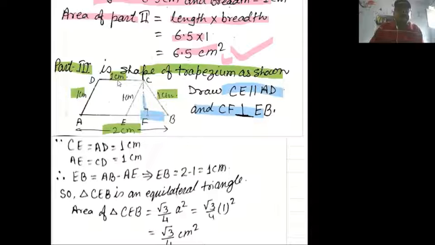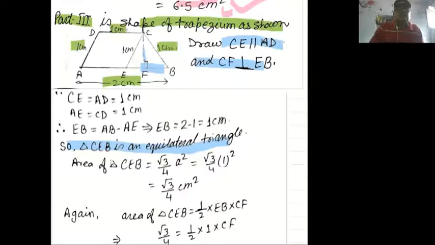Now in triangle CEB, we see that triangle CEB is an equilateral triangle.